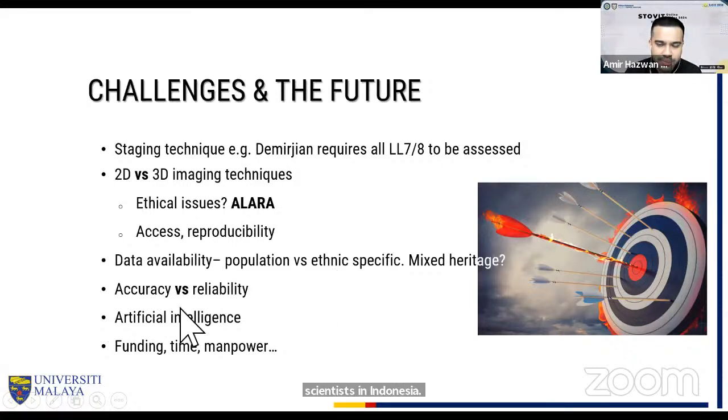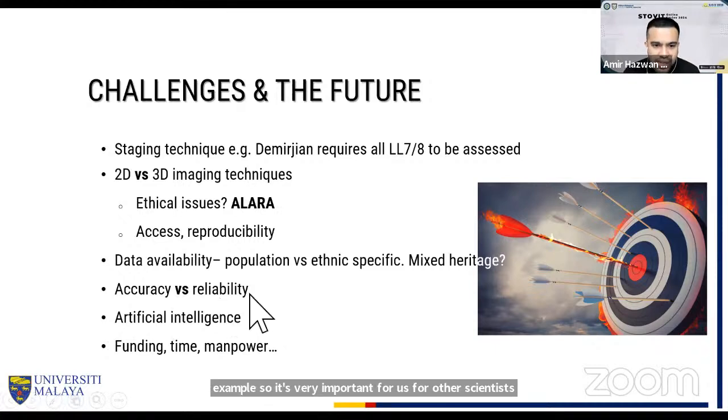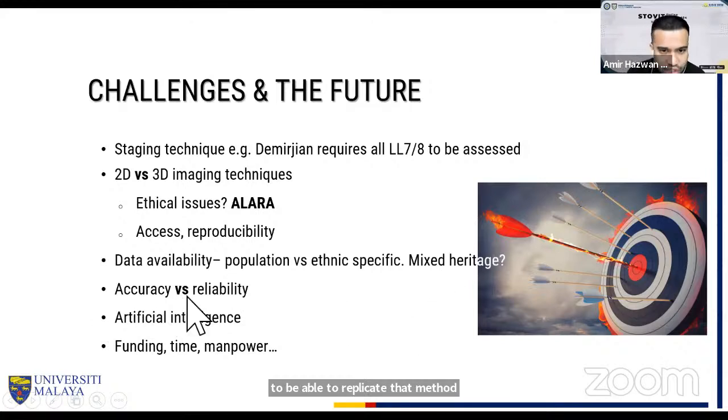So it's very important for other scientists to be able to replicate that method, so that we have both an accurate and reliable method. These two are not the same, but very important to have.